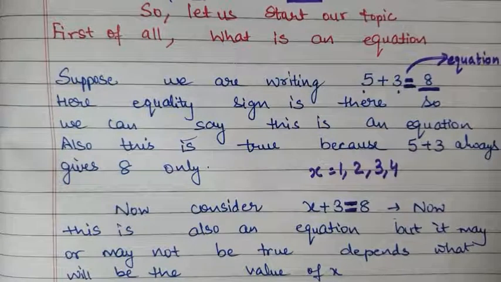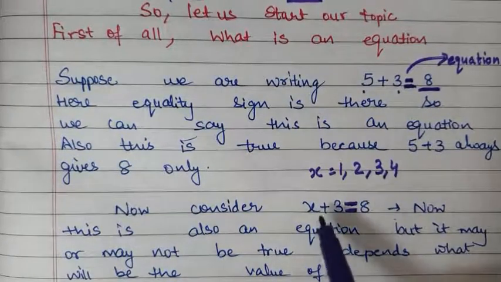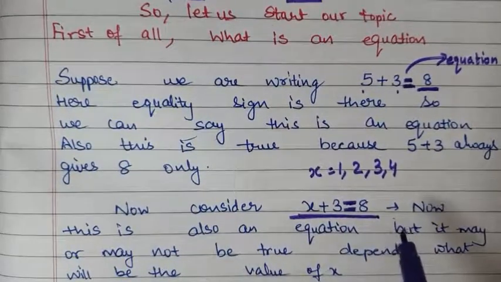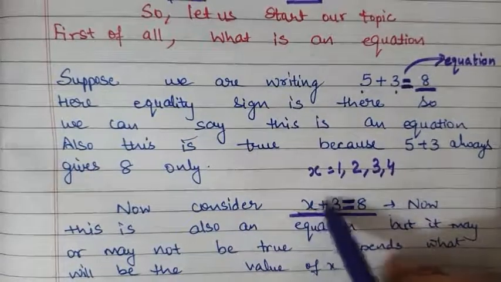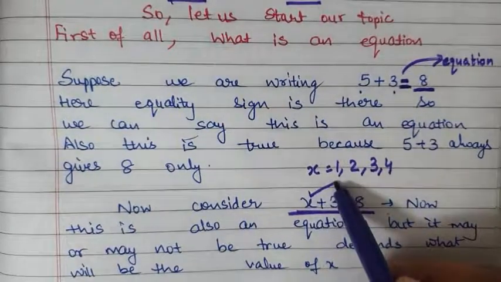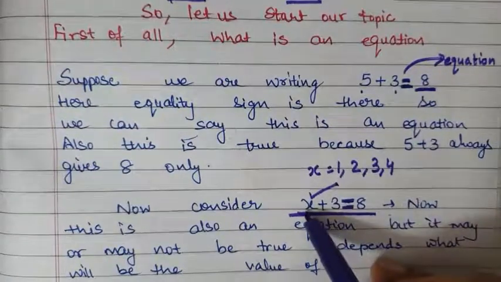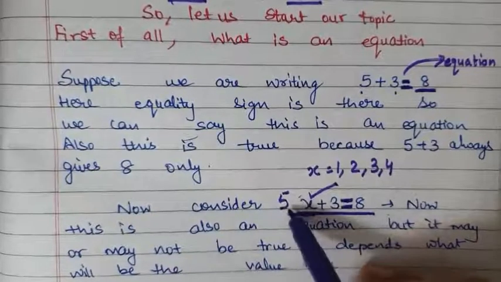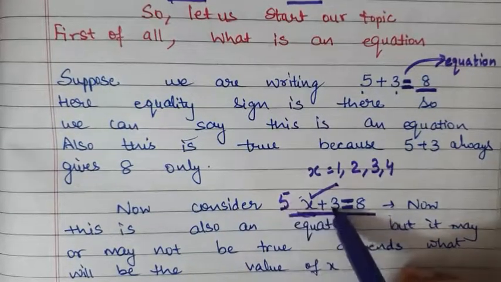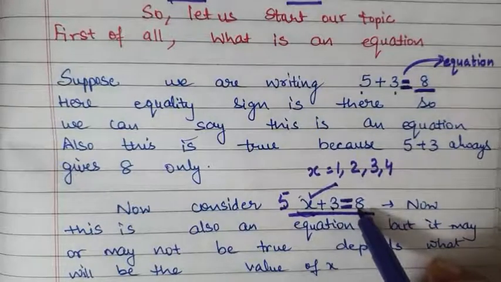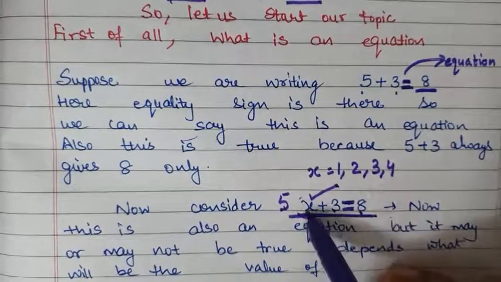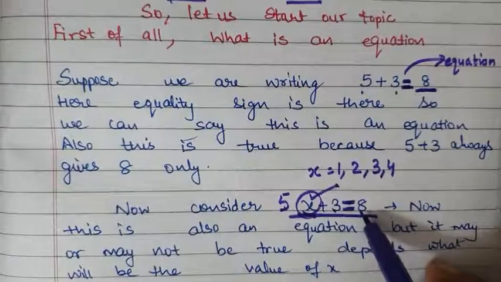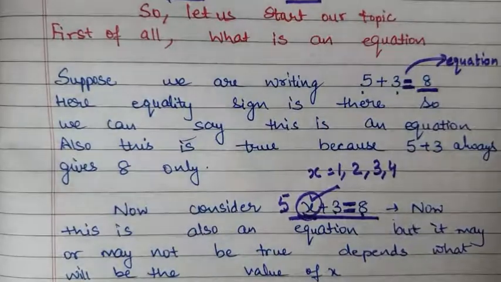But students, this equation will be a true equation only if x is 5, because if in place of x I write 5, then we know 5 plus 3 is always 8. It means on putting x equals to 5, I will get a true equation.